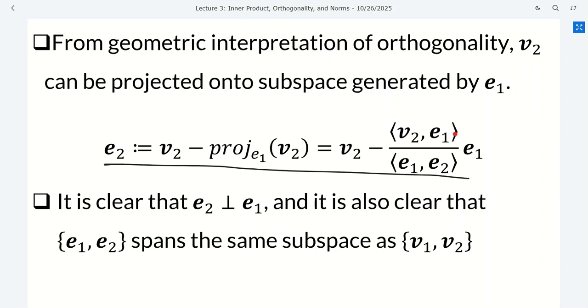Then all divided by the inner product of E1 with itself. Oh, here is supposed to be 1. I think I made a mistake.